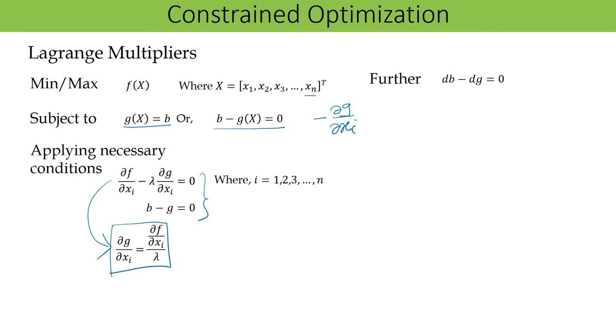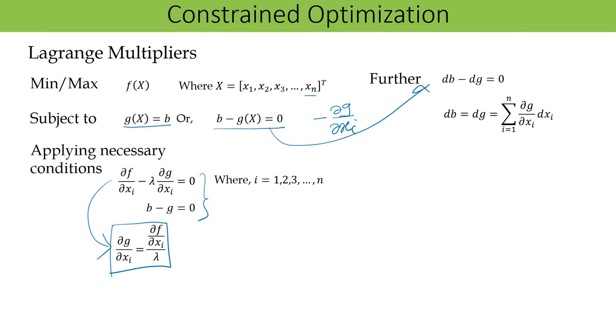Now further, if I take the derivative, the change in b minus the change in g should be equal to 0. That means db minus dg should be equal to 0. So from the constraint function, db equals dg, and dg means the total derivative of g.